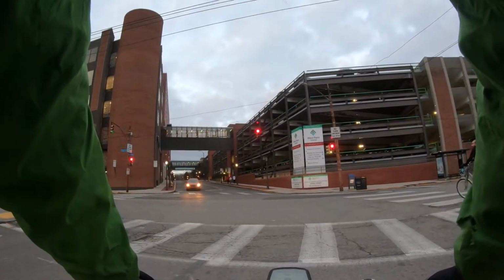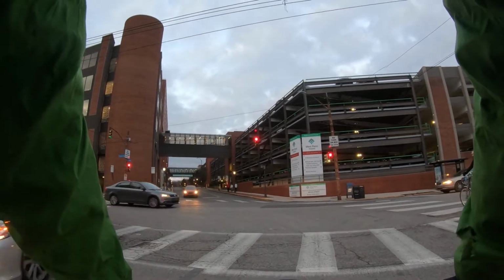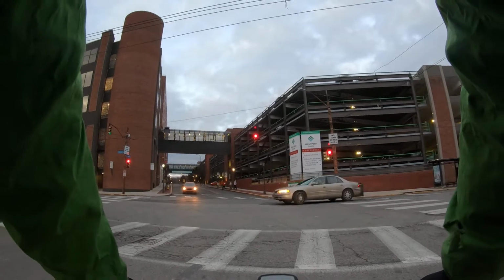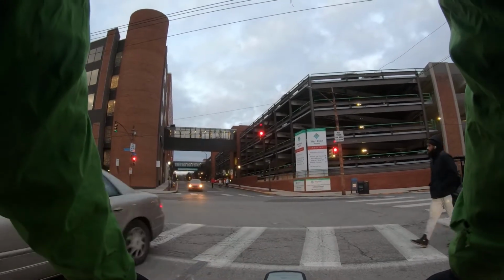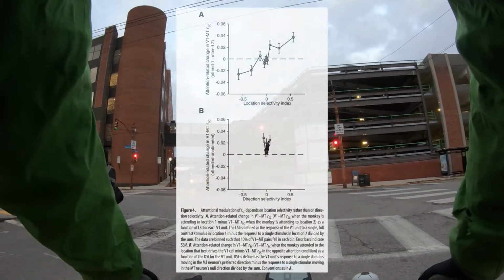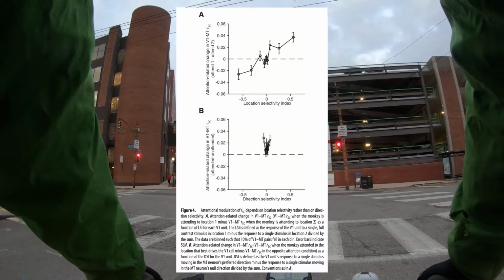So I have a little trouble with figures 4 and 5. But it seems what they're trying to do there is dig into the details of how the correlation between V1 and MT arises.